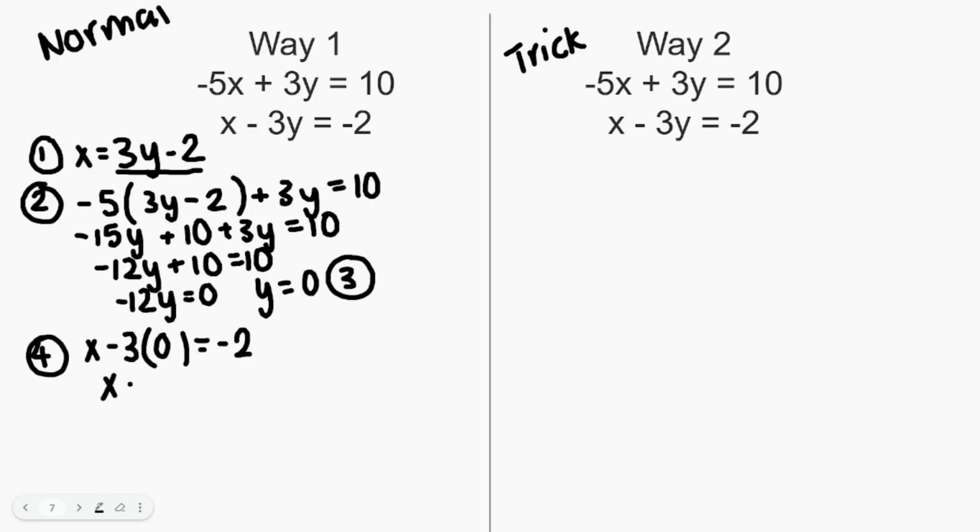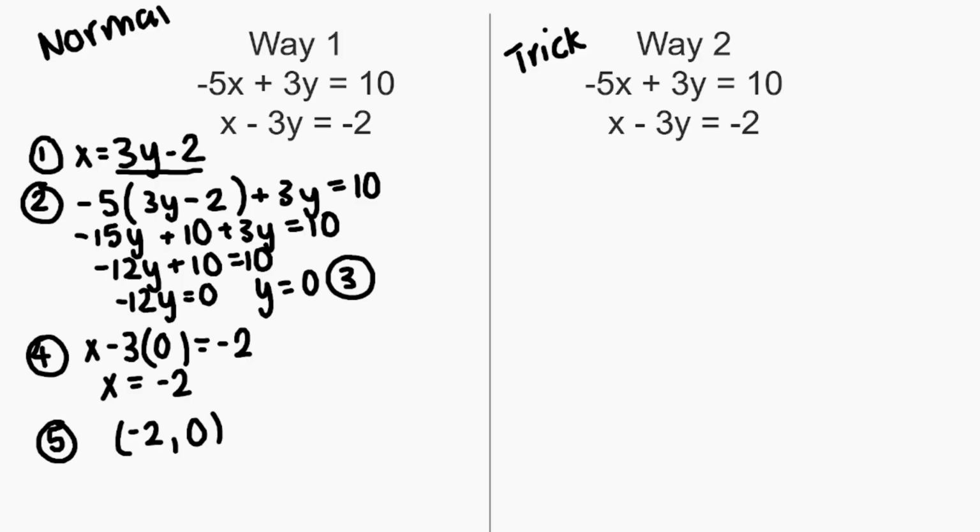So we get x equals negative 2 because 3 times 0 is 0. So x equals negative 2. So our fifth step is just writing this as an ordered pair. Our solution is going to be negative 2, 0. Now that's the normal way I would solve most linear equations.